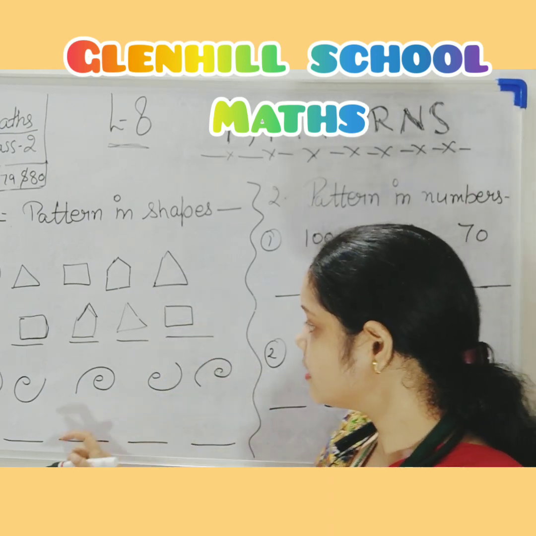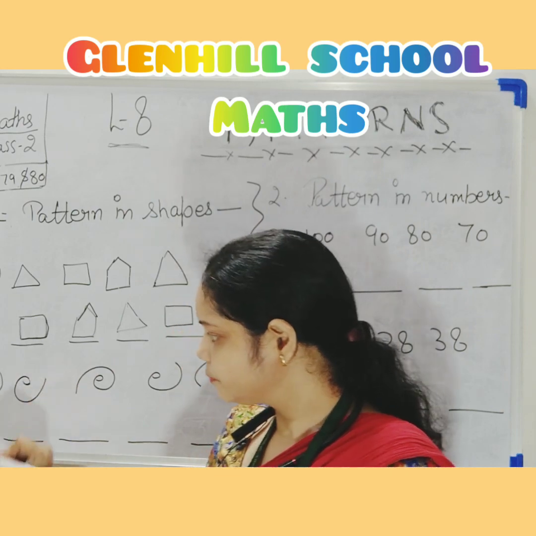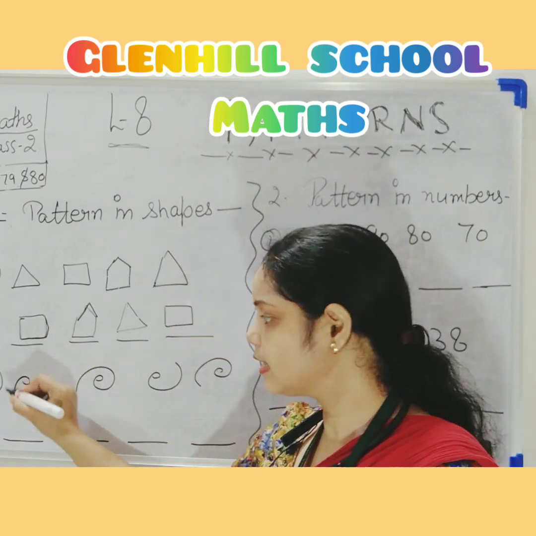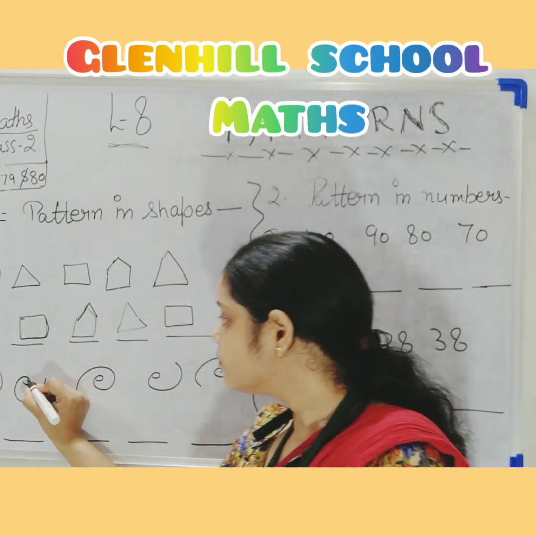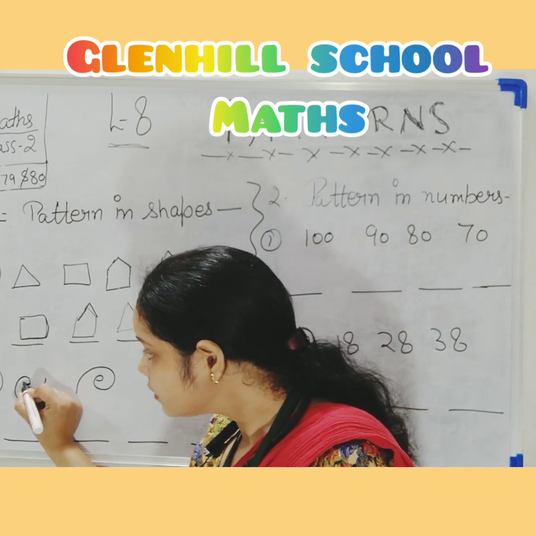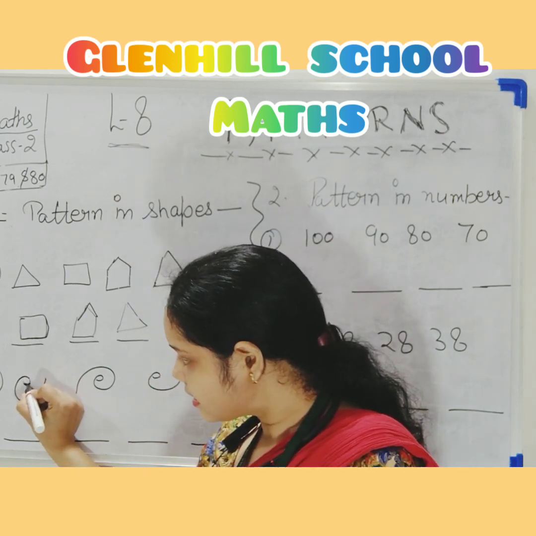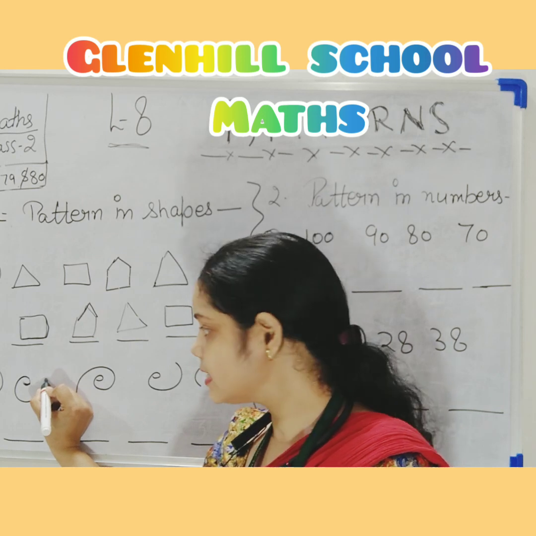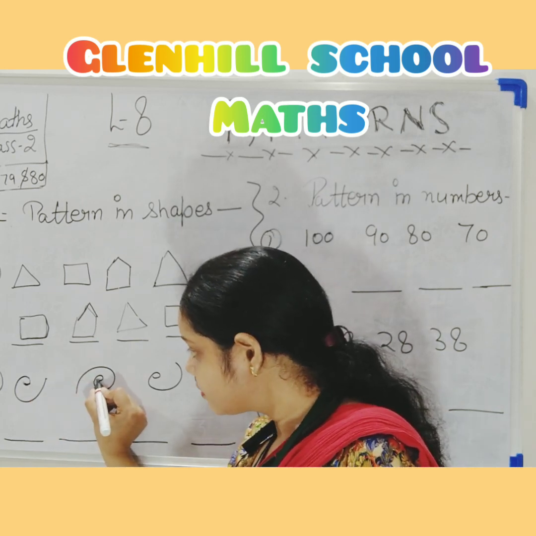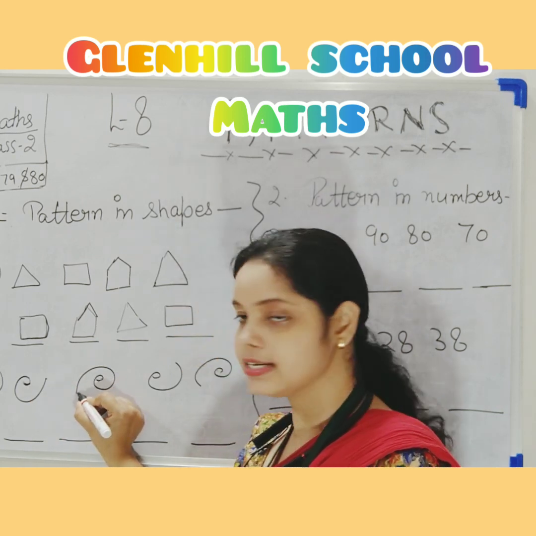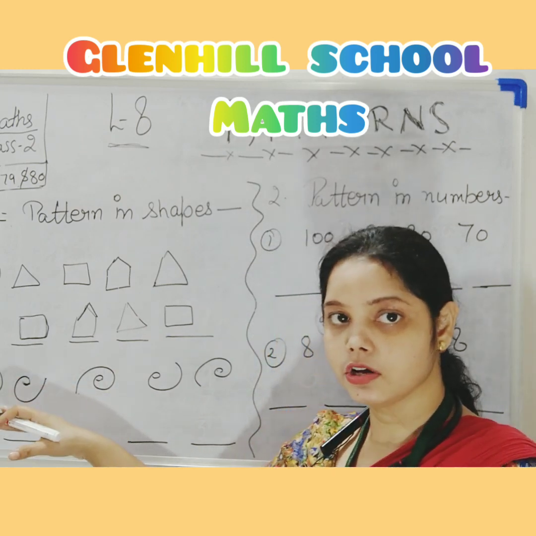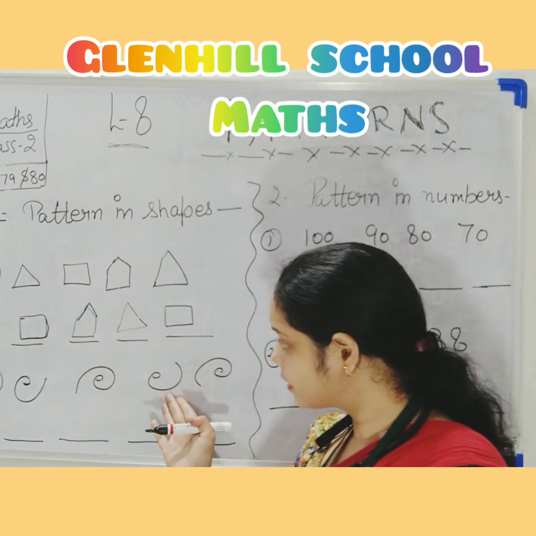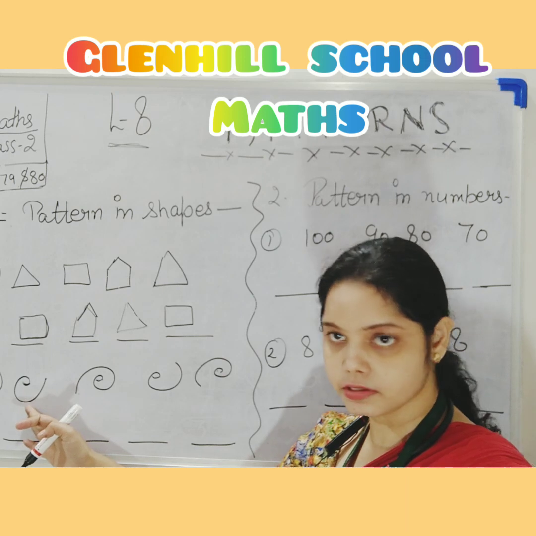The next figure is just looking like a half circle, not exactly, but here the face is here and the tail is here, but in the next one the face is starting from here and the tail is here, so the direction is changed. So the next pattern is again this type of shape.